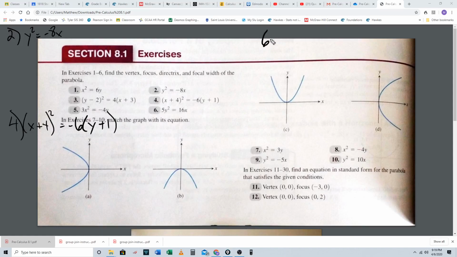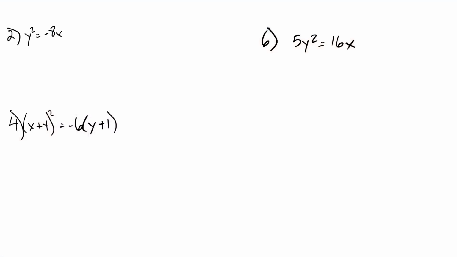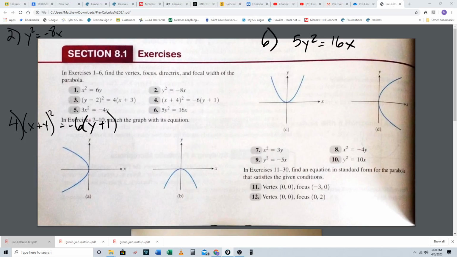And then number 6, we have 5y squared equals 16x. So let me go back. They want, again, the vertex, focus, directrix, and focal width of the parabola.